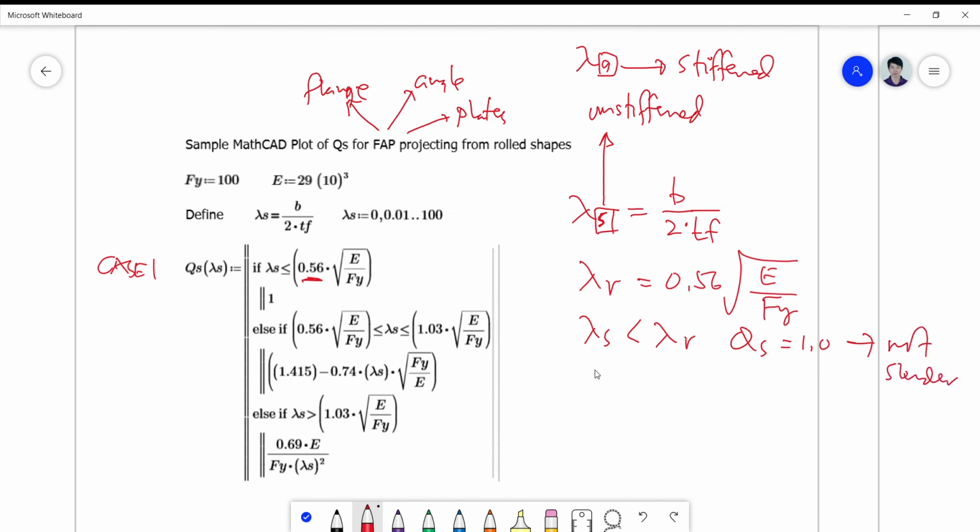If it is greater than lambda r but less than 1.03 square root of E over Fy, then it is partially slender.